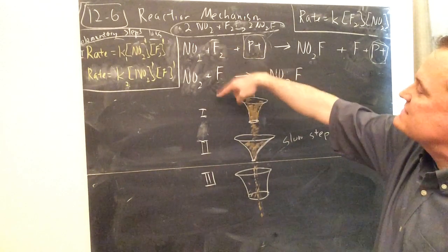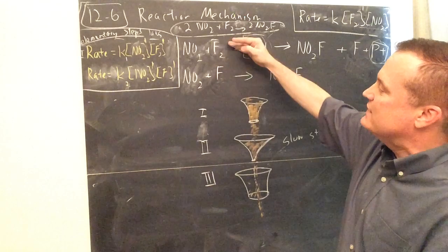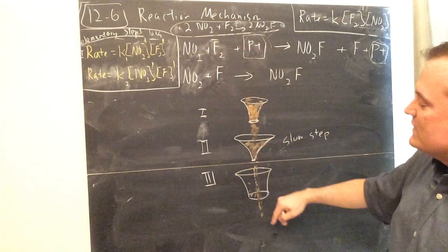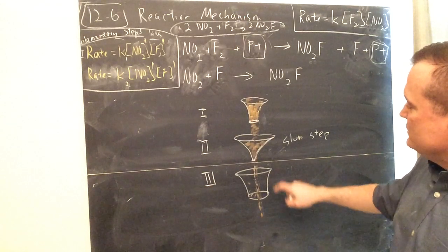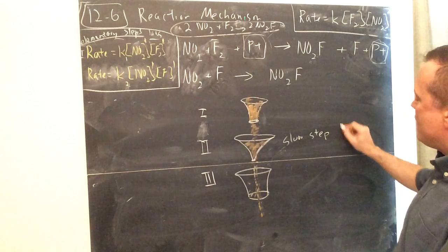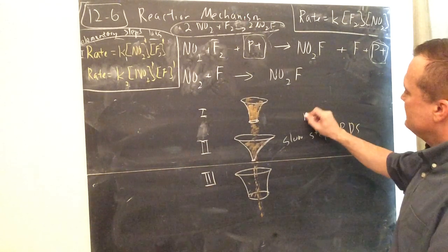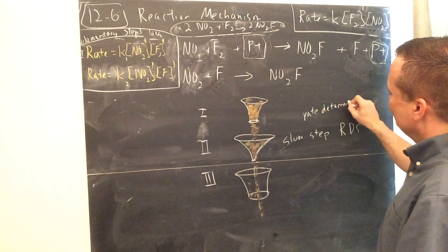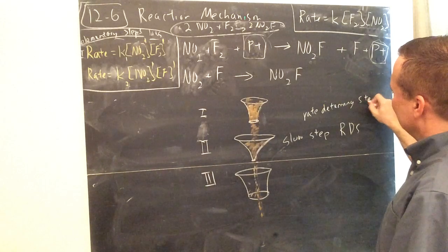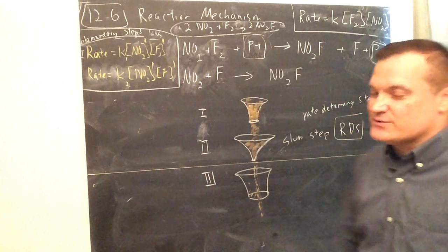One of these is going to be fast and one's going to be slow. We only had 2 here, but a lot of times there are 3 steps. So you'll say the slow step is called the RDS, the rate determining step. The rate determining step is a slow step.